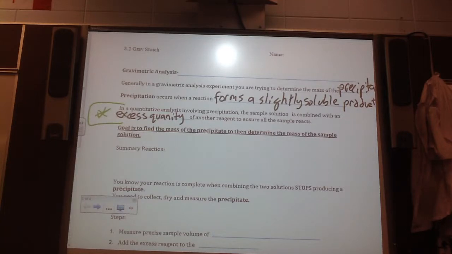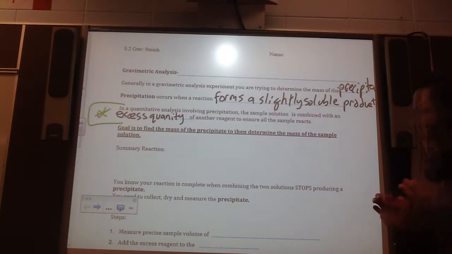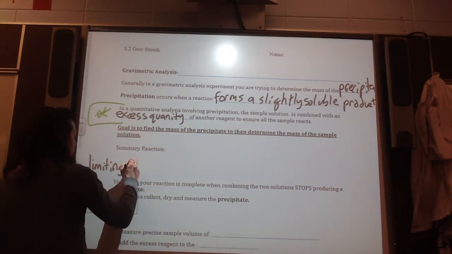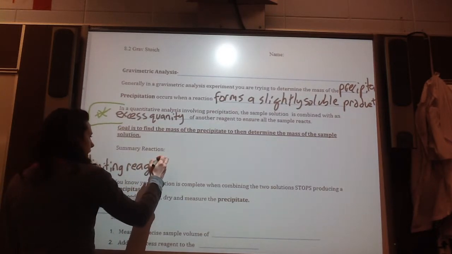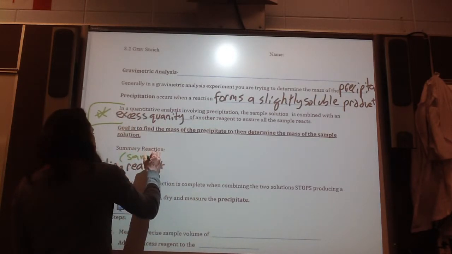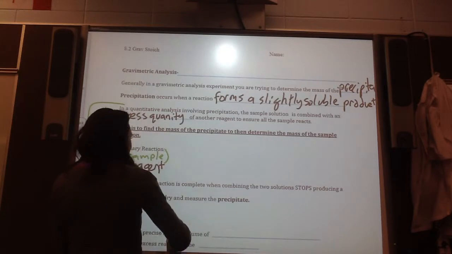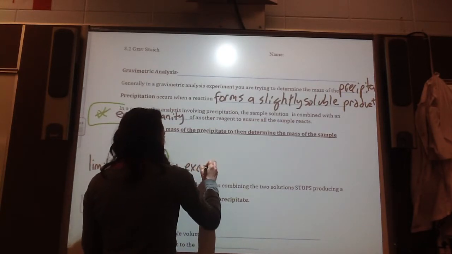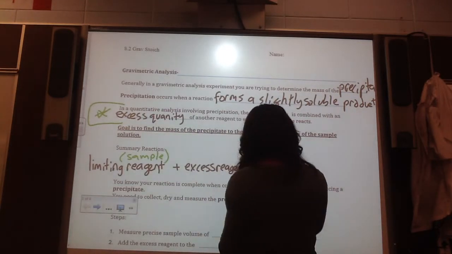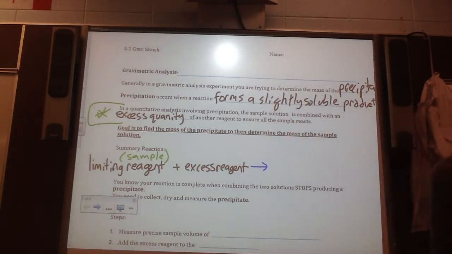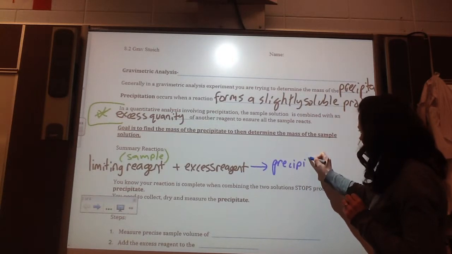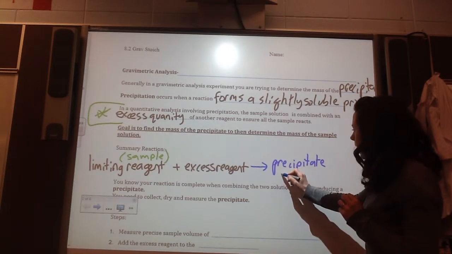So if we summarize that into a chemical formula, I have a limiting reagent, which we're going to say is the sample, plus an excess reagent that will form a precipitate which we will weigh.